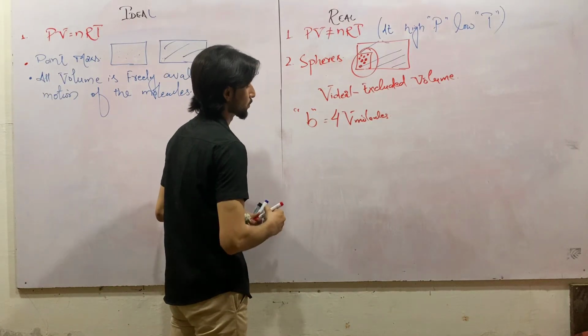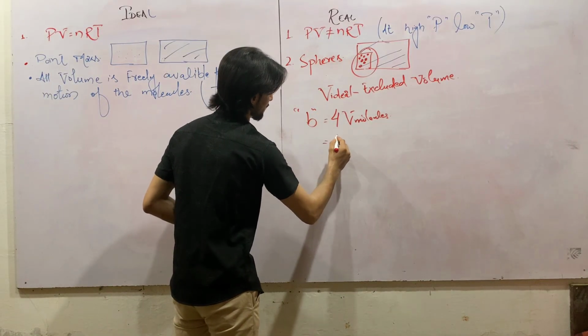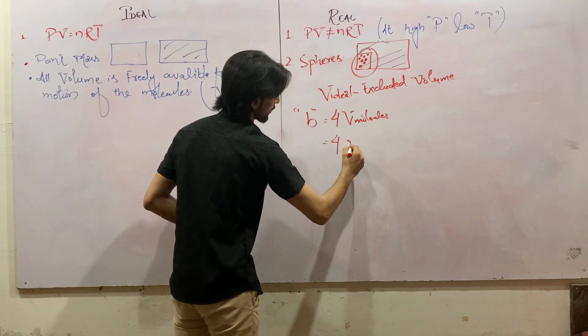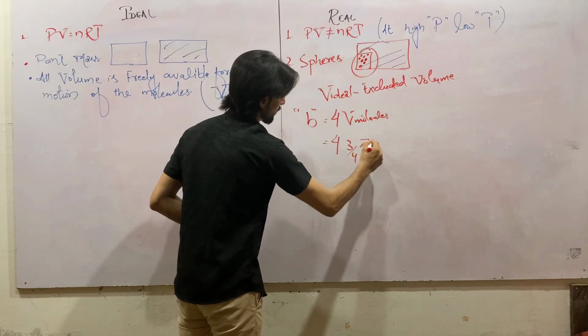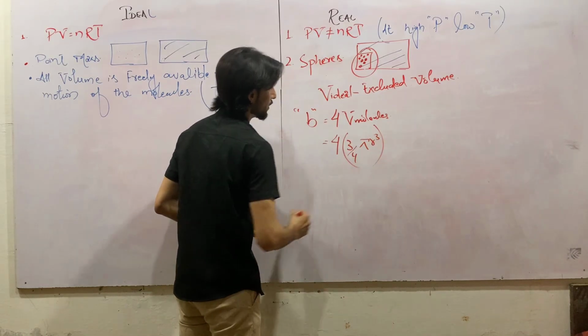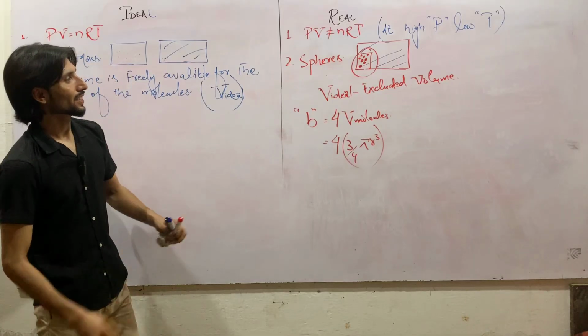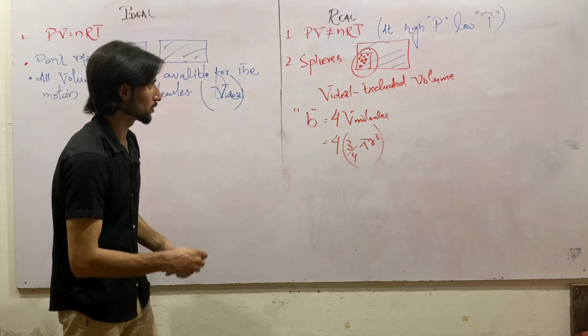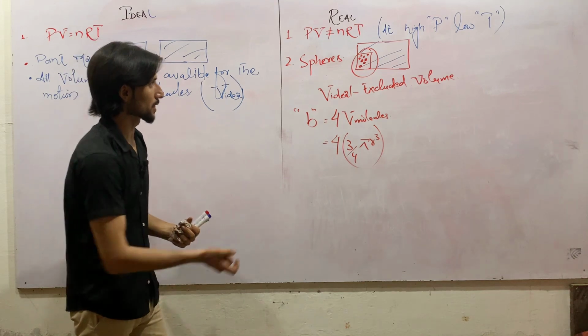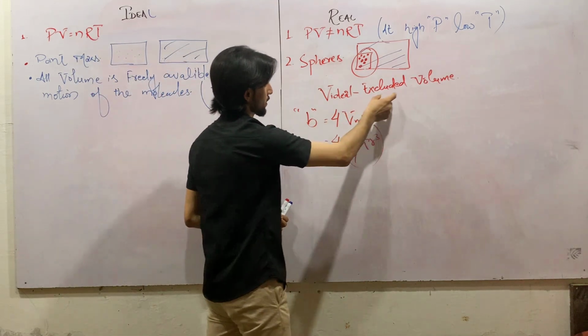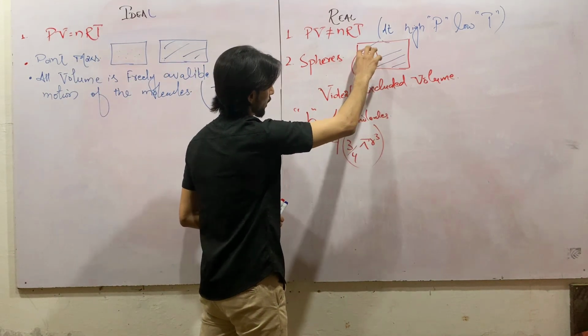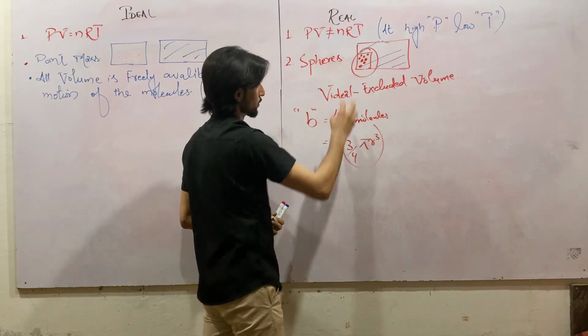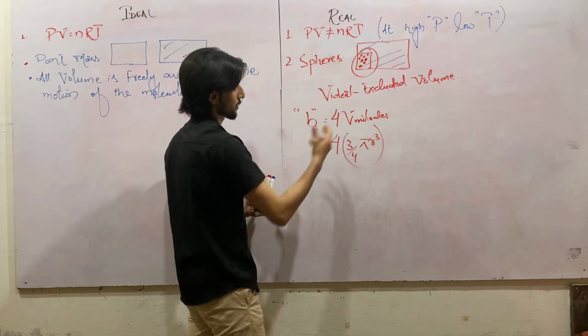So for the spheres, we know the formula is 4/3 pi r cubed. So you can plug that in. You do not need these formulas, etc. But you must remember that we must subtract some volume, that is the volume occupied by the molecules themselves. In reality, we must subtract this.